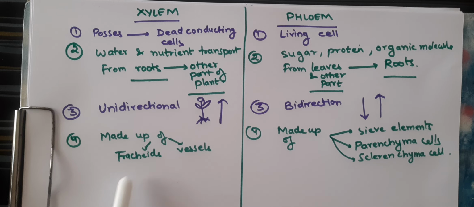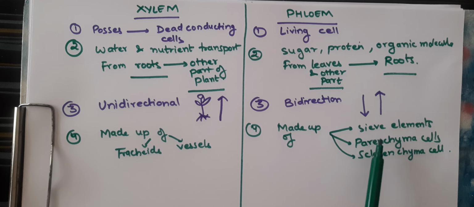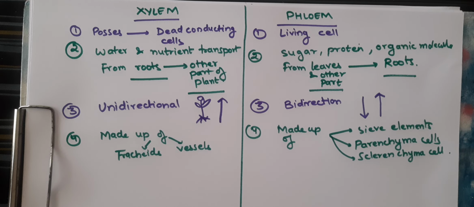So the xylem is made up of two elements, that is the tracheids and the vessels, whereas the phloem is made up of sieve elements, parenchyma and sclerenchyma cells.